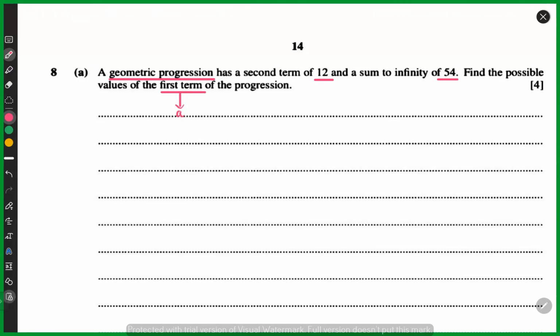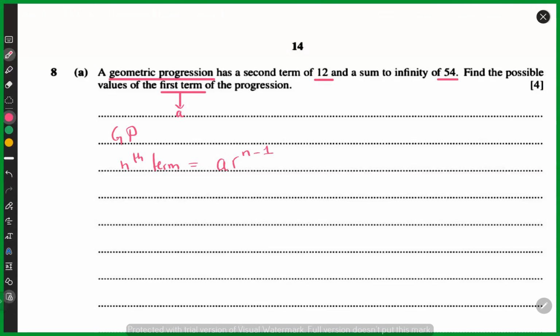Okay. Now, it's geometric progression. I need to recall the nth term formula because here they are referring to the second term, right? So nth term was basically a into r power n minus 1. This was the nth term formula.